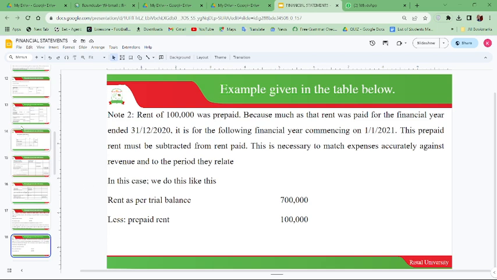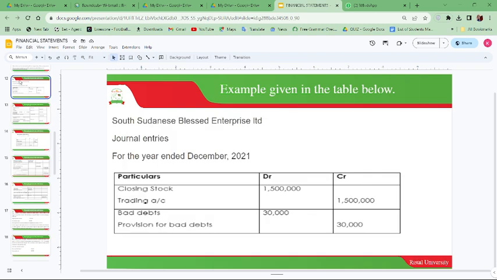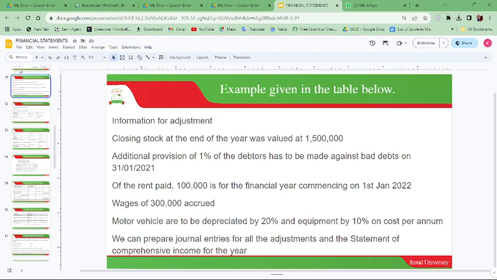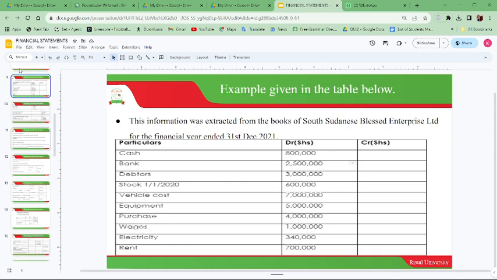So you come back to our table and to the books that you are provided with and you look at rent. Rent was 700.